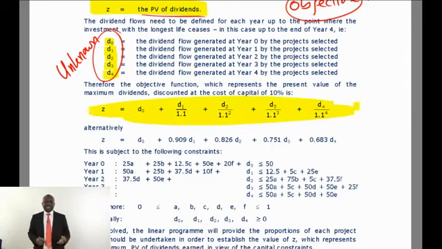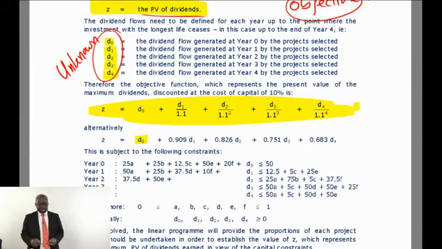Okay, so the objective is to maximize the present value of the cash flows available to pay the dividend. And I have defined D0 to be the cash flow to pay dividend in year 0. Discount factor 10% year 0 is 1. 1 times the cash flow to pay dividend in year 0.